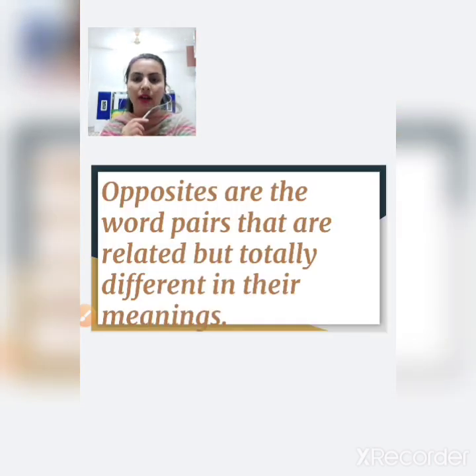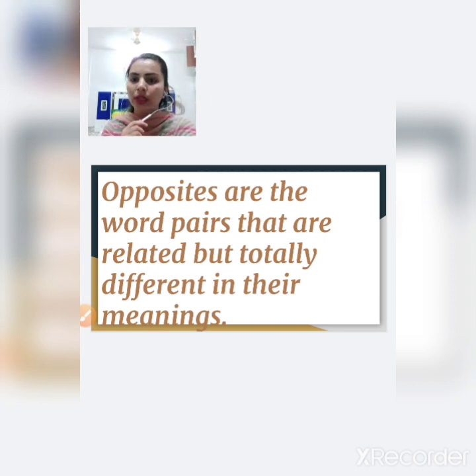Opposites are the word pairs that are related but totally different in their meanings. As I told you before, opposites are those words which are totally different from each other but they are related in some way.